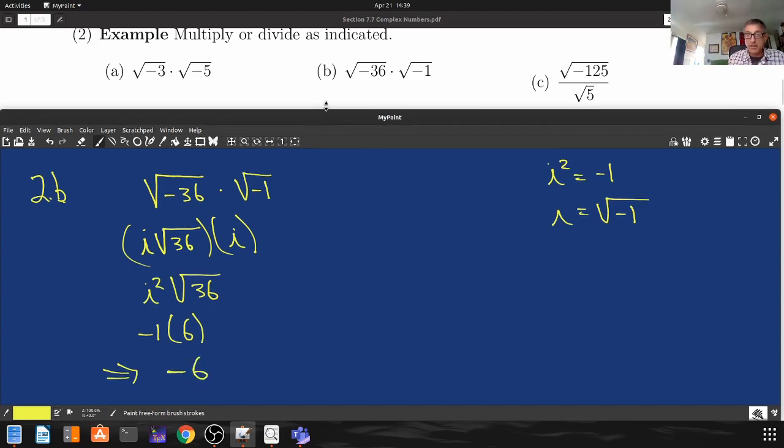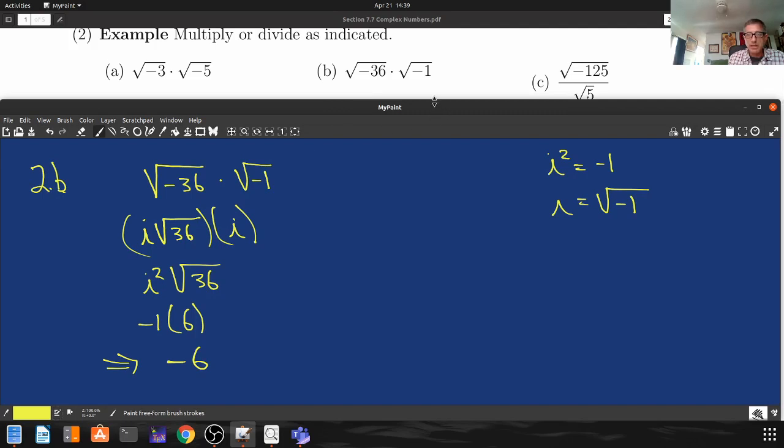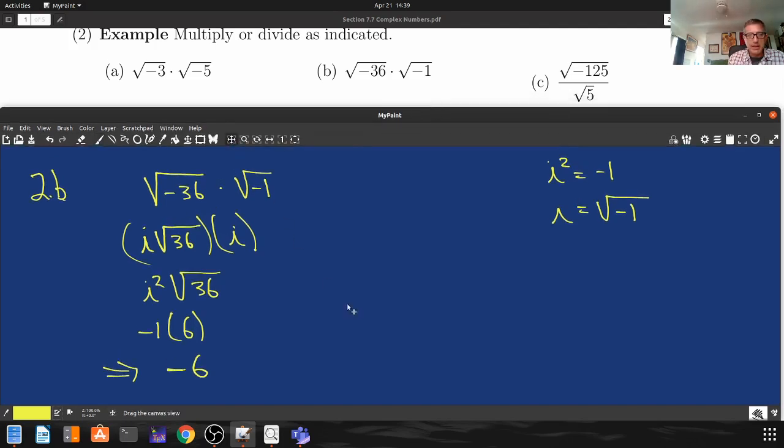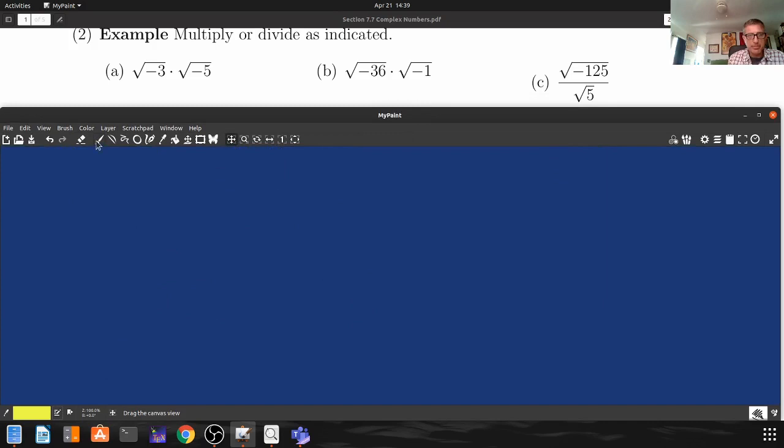Interesting properties. So let's do 2c. Let me write it down and then I'll give us some more room. The square root of minus 125 over the square root of 5. Well, if we want to write it with i at the beginning, that's fine.